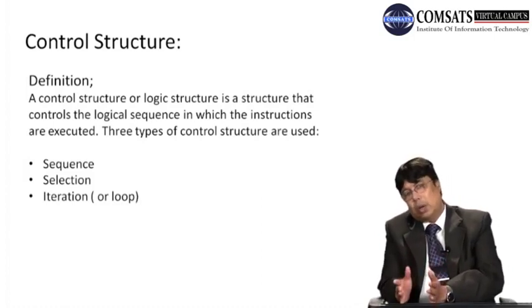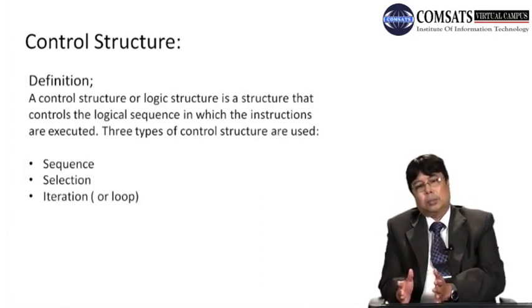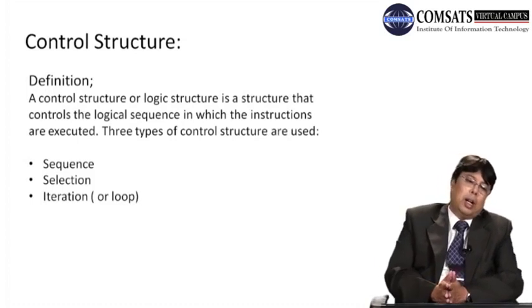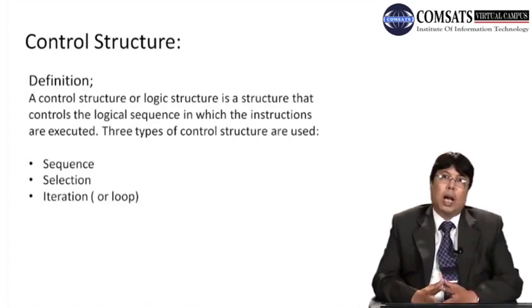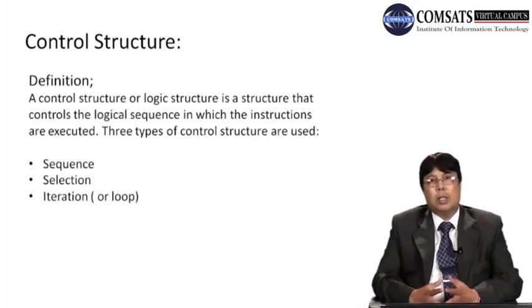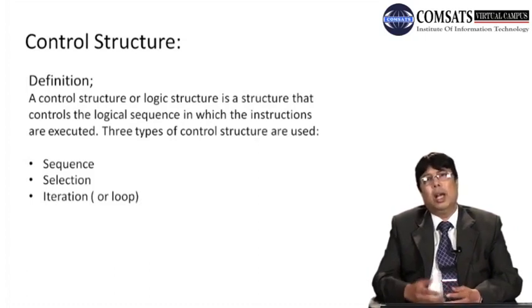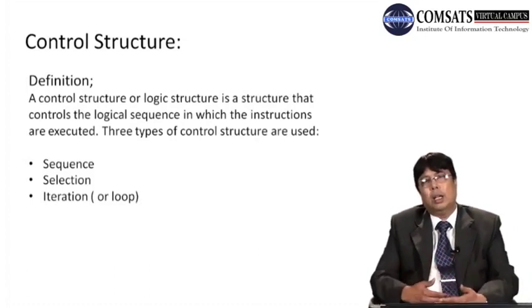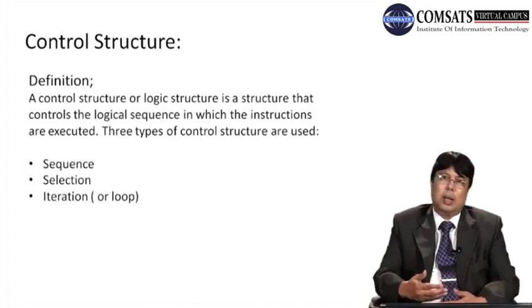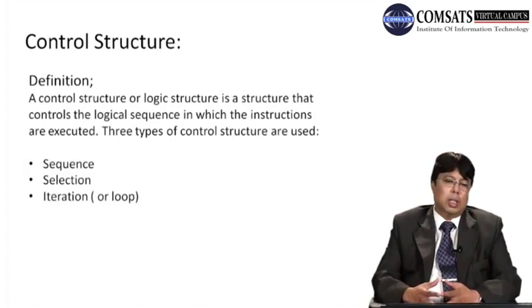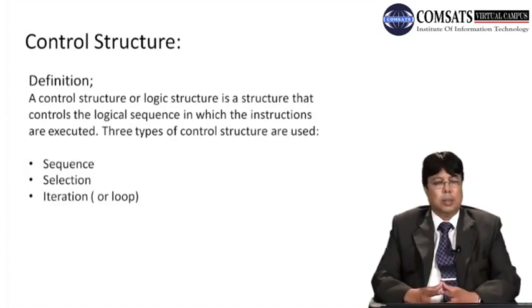So there can be different controls. These controls are called sequence. Sequence वही है कि one after the other, first step, second step, third step, you follow all the instructions in a sequence. This is called sequence.